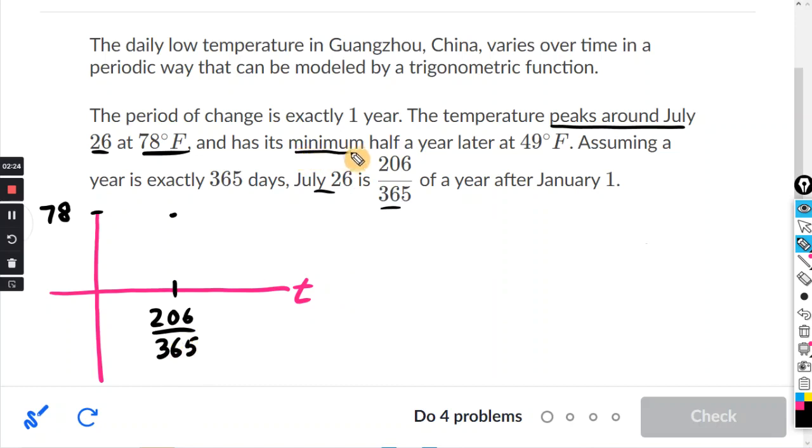And then the minimum is half a year later at 49. All right, so it goes down to the minimum, and then it comes back up. This point here, the minimum is 49. All right, so let's see.